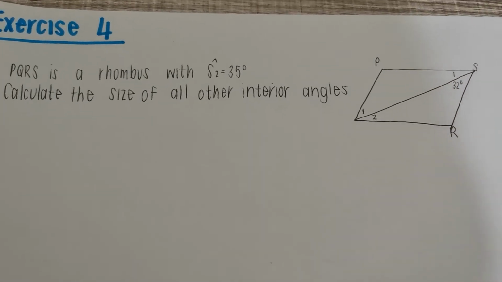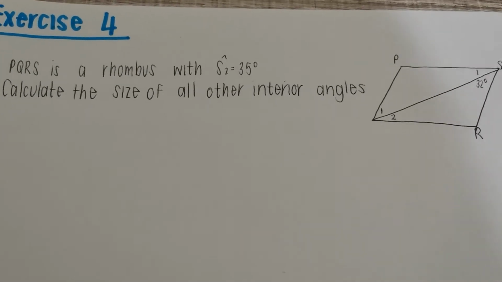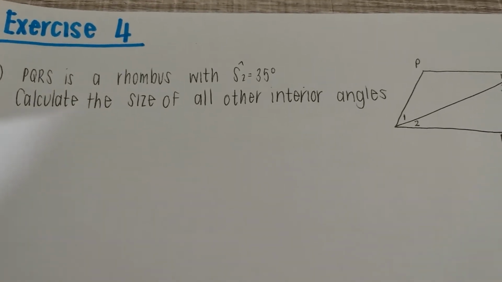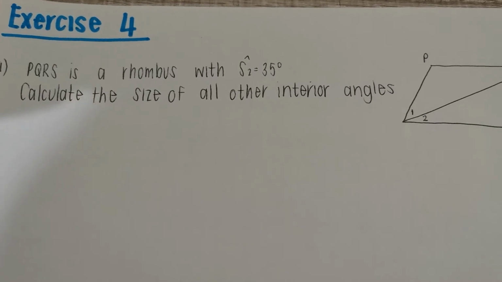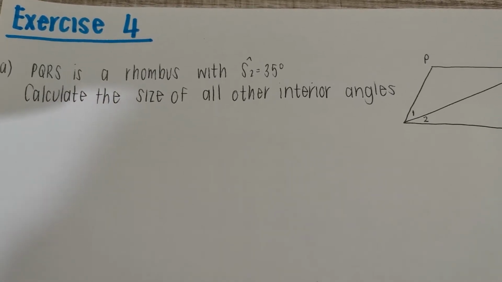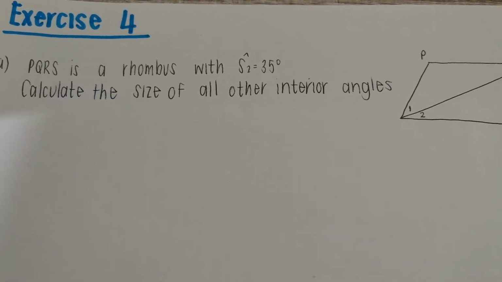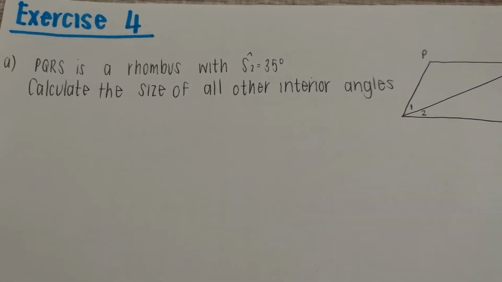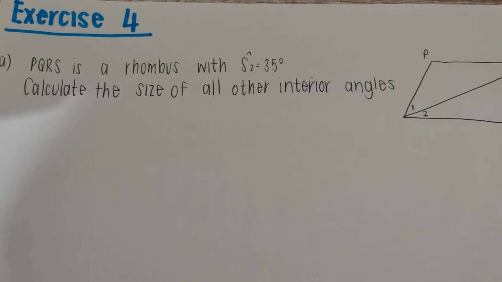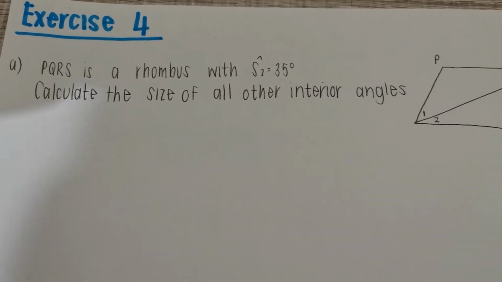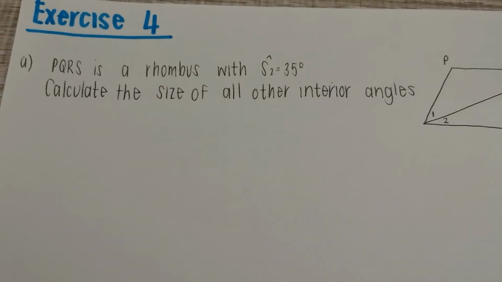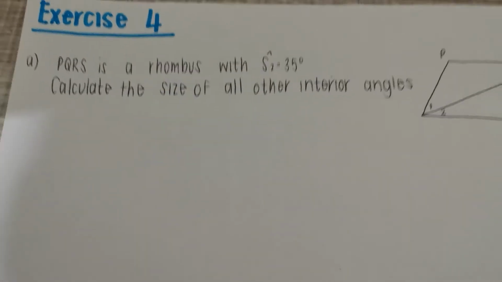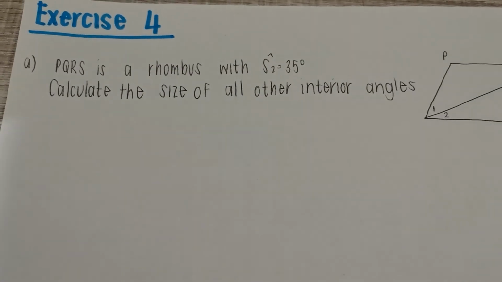We're working mostly with quads, but if they give you something that's exterior, then you can use corresponding angles, co-interior angles, and alternate angles. With the trapezium, you can get a right angle trapezium. For that one, they give you one of the angles being a right angle, but you can't just assume that we would give it to you as a right angle. Anyway, we're using all of those properties, so you're going to go back to your diagram page if you forgot those properties, in order to answer these.